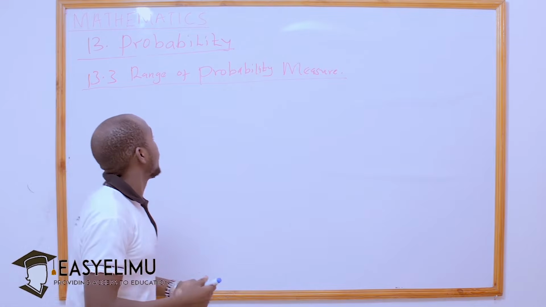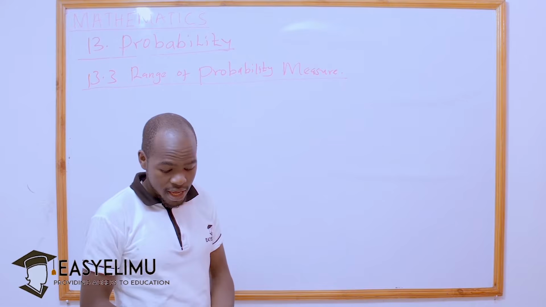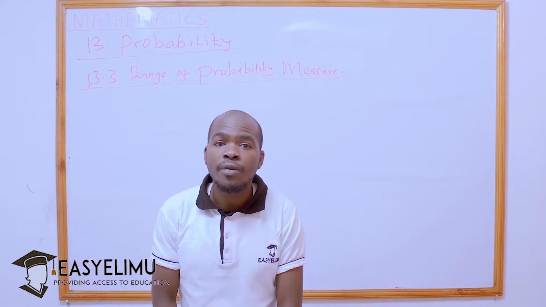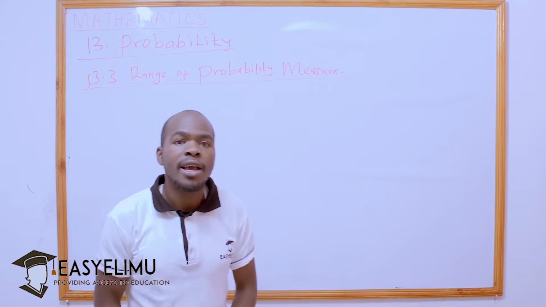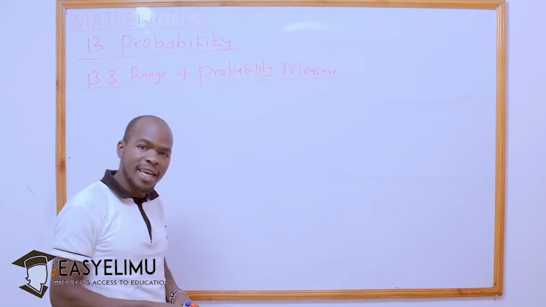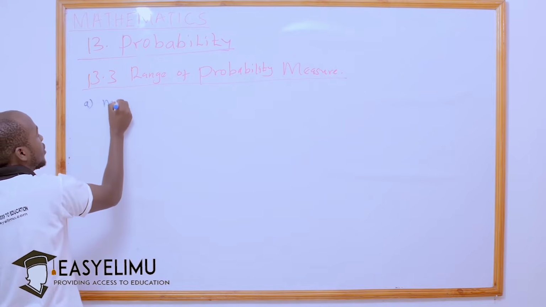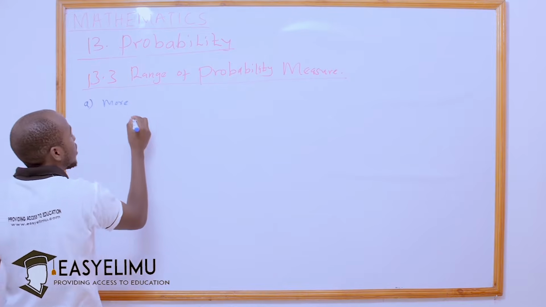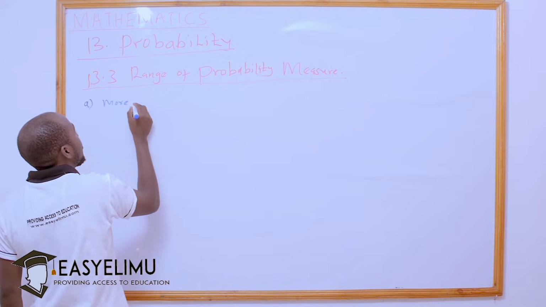Let's view or work out ranges of probability measure, and under here we may observe that if you have worked out some of the given probabilities and you find some of them have much greater chances of occurring, then the more the chances of occurring, the greater the probability of that.